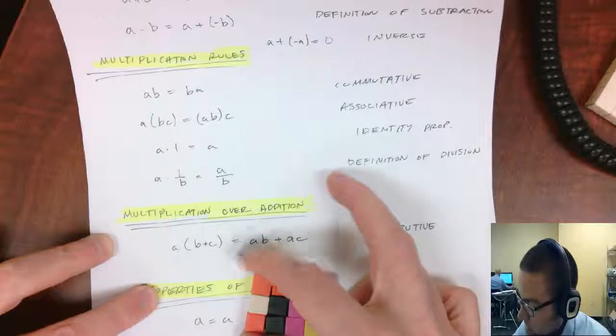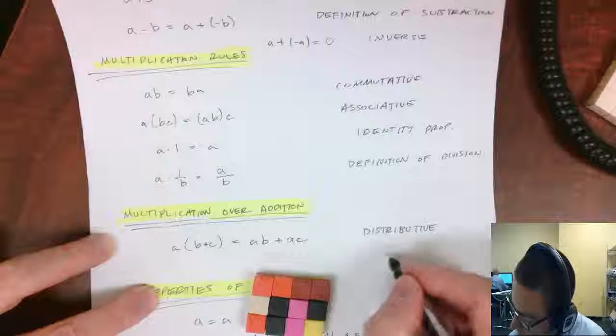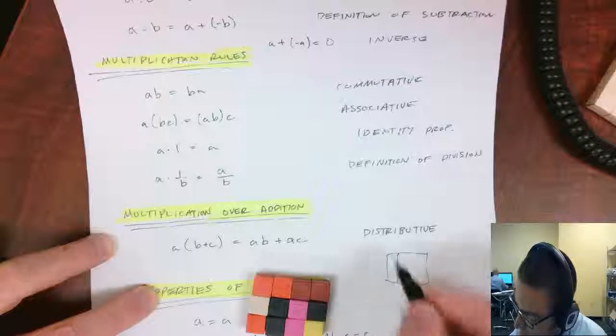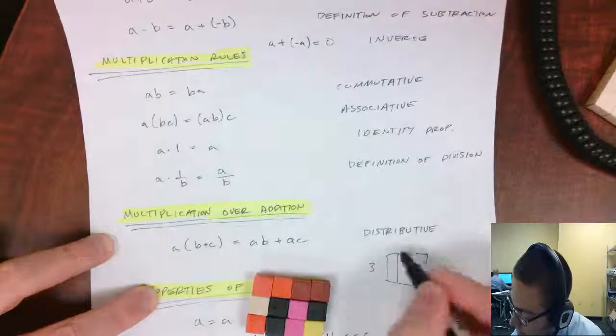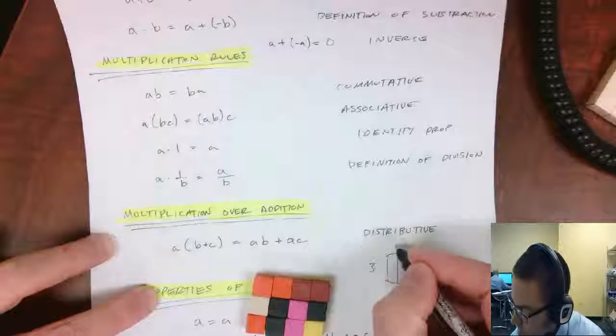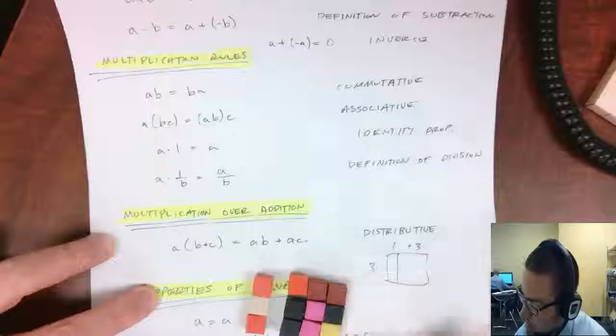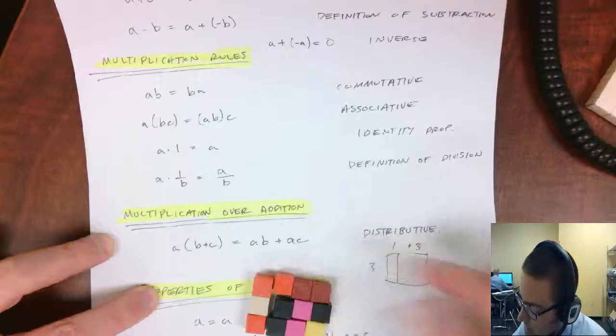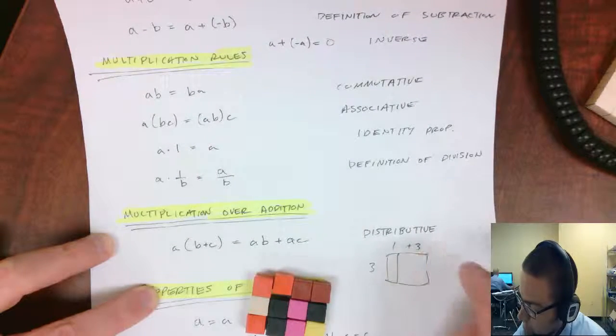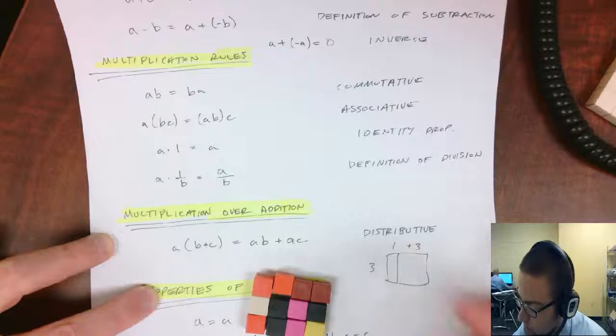Well, I could think of this as 3, and instead of 4, this is 1 plus 3, isn't it? 1 plus 3. I could add those together first, and say 1 plus 3 is 4, and then 4 times 3 is 12.